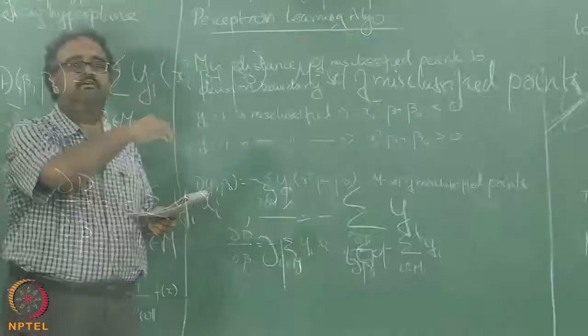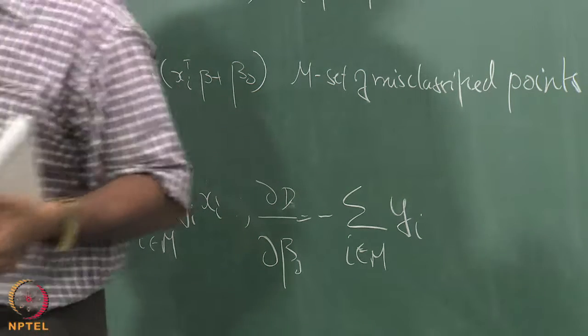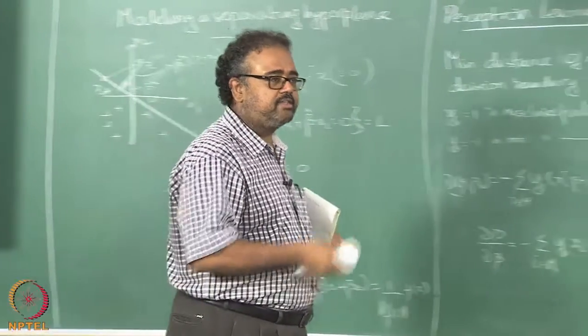Right, so these are the derivatives, and what I do now is a technique that is very popular nowadays, but it was not really called by that name in the olden days. It is called stochastic gradient descent.